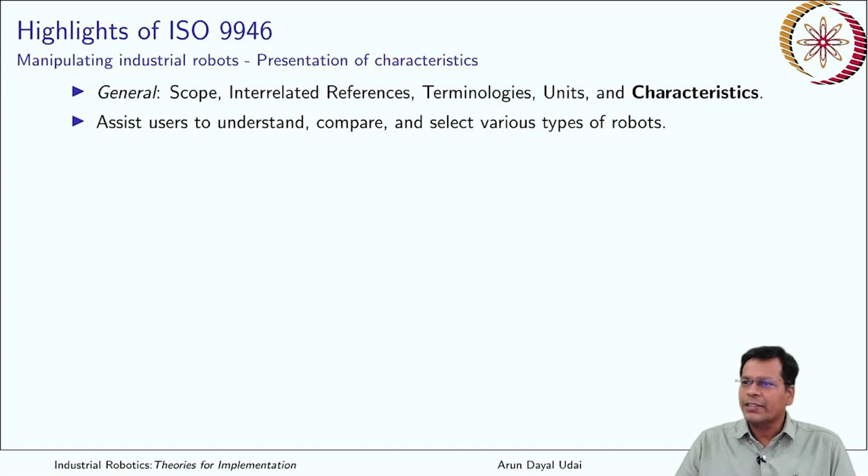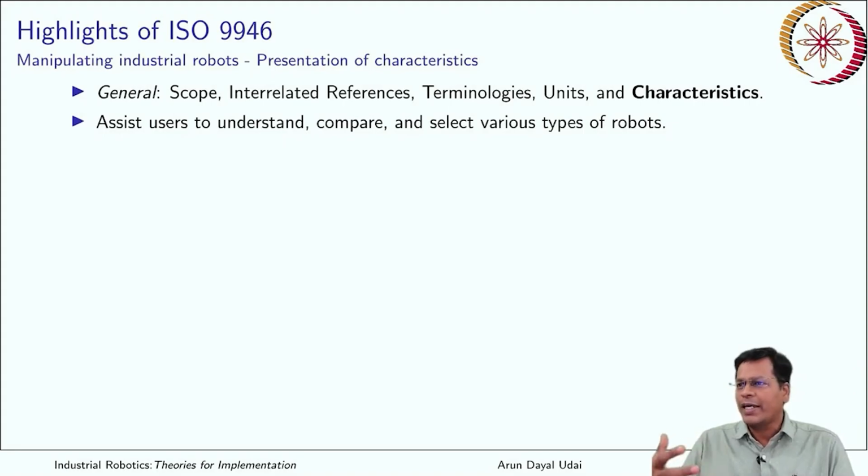This type of standard assists an end user, a customer, maybe a power plant or a manufacturing plant, or a simple academician like me who uses it for general purposes, for teaching, for welding and some special kinds of training.